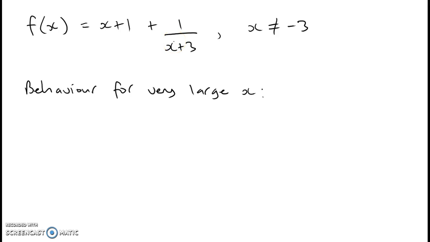So what that means is that as x becomes very large, we're going to have an asymptote that is simply equal to y equals x plus 1. And we call that type of asymptote an oblique asymptote. It's not vertical or horizontal.